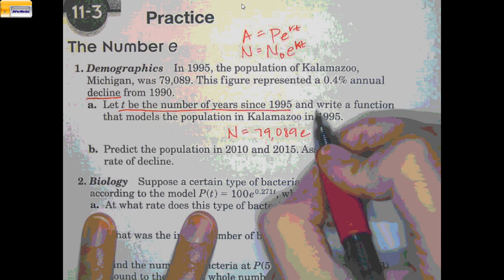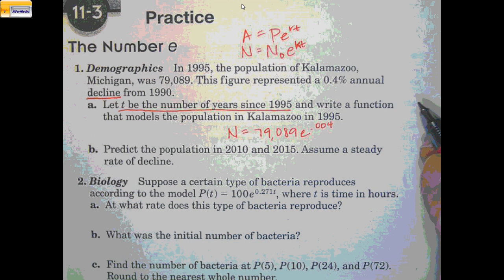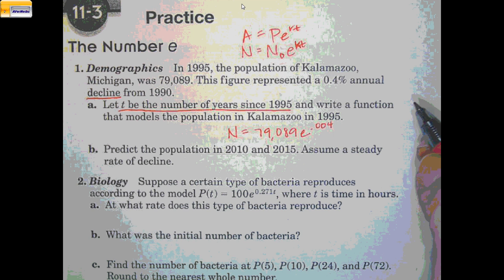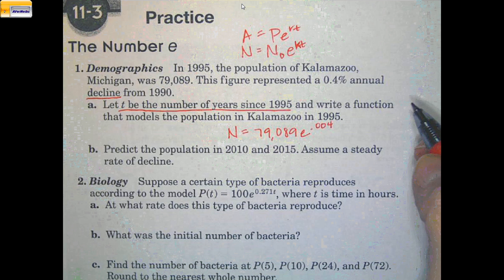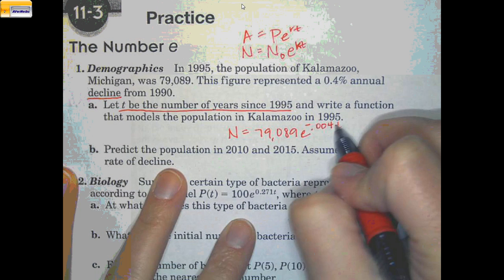I love that you got your decimal right, 0.004, but something else is wrong with that. What else did I underline up there in red? Decline. We are not increasing, we are going down in population. So what does that mean about that percent? Negative. And then T.